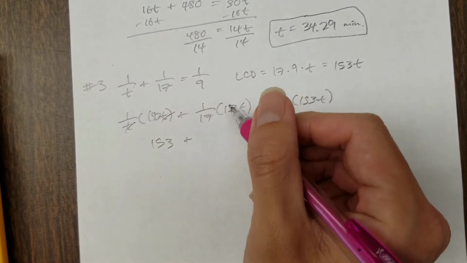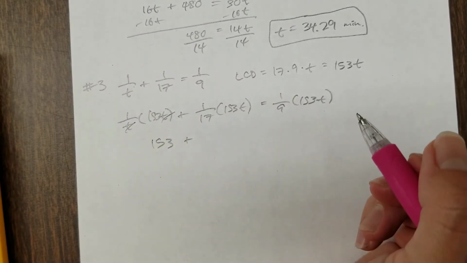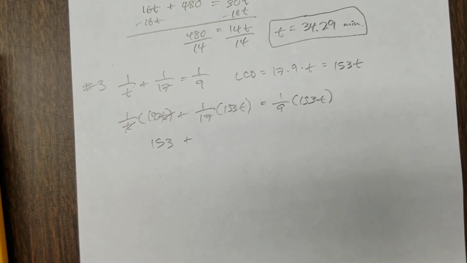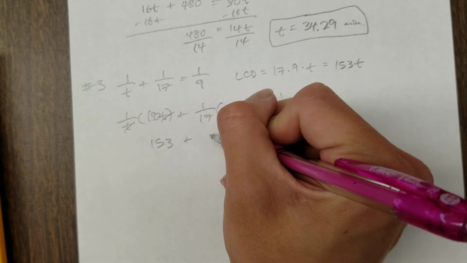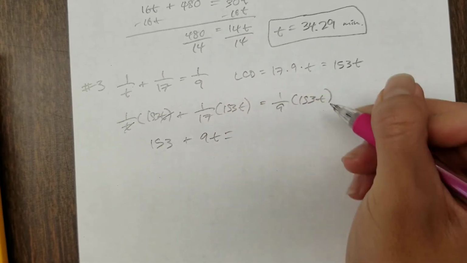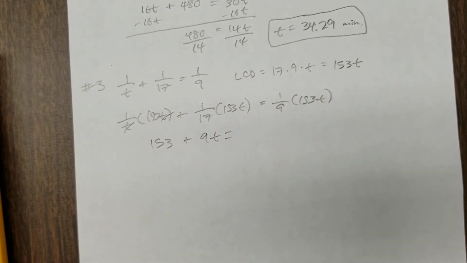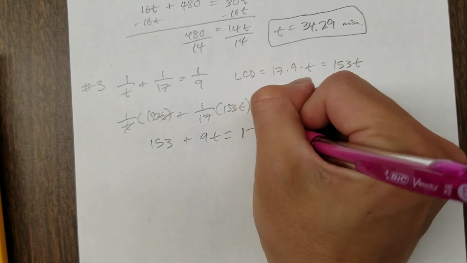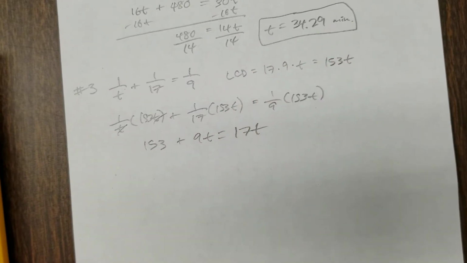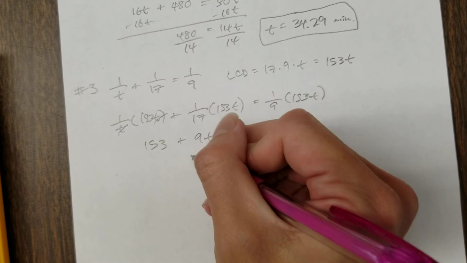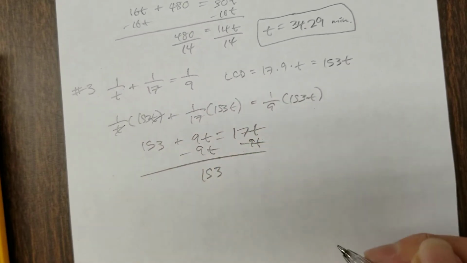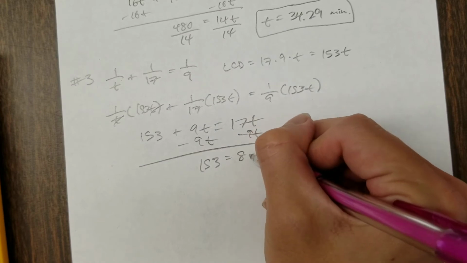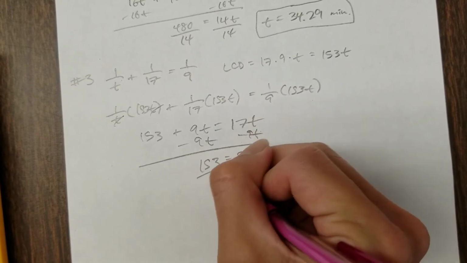Okay, so what I see here, the t's cancel out. 153. So 153 divided by 17 is going to be 9t. And then 153 divided by 9 is going to be 17t. Okay, so now what we need to do is solve for t. 153 equals 8t.